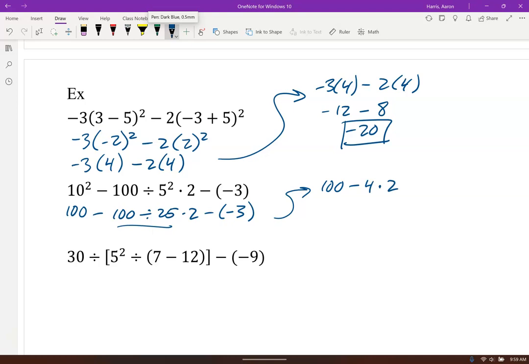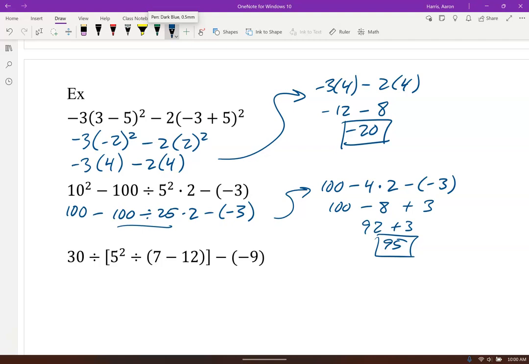Then I got times 2 minus a negative 3. 4 times 2, I got 8. Minus a negative 3, that's a plus 3. Now I'm going to do my addition, subtraction, left to right. 100 minus 8 is 92, plus 3, 95 on that one. That one's a pretty tough one, I think. Commonly, students kind of mess that one up.